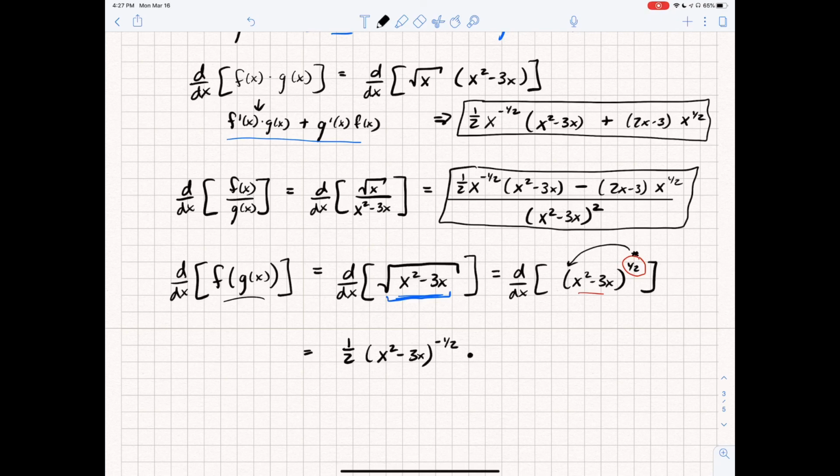And then I chain it by now focusing on the inside. I'm only going to focus on the x squared minus 3x portion now, and I'm going to derive it. That derivative, which is g prime, is 2x minus 3. We've done that derivative already. And so I can write it, and then I'll highlight it here.